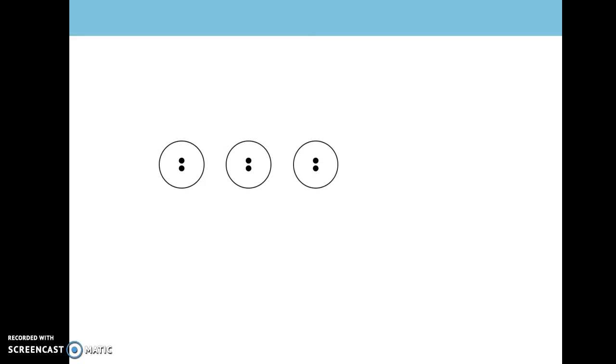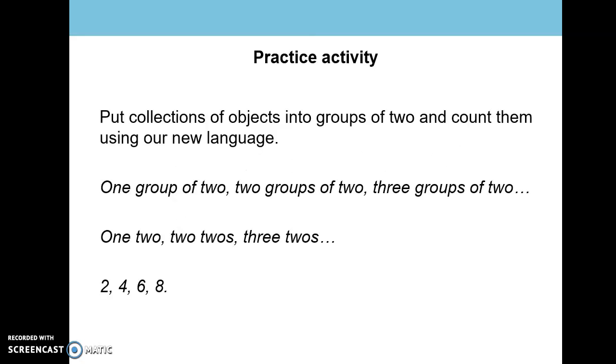Well done. Can you now put some objects into groups of 2 and count them using the new language? 1 group of, 2 groups of, 3 groups of. Have a little quick go at doing that, and then we're going to have a look at our maths worksheet for today.